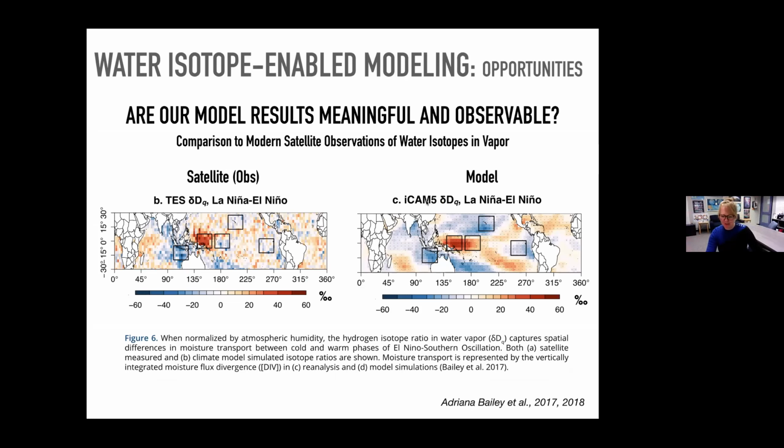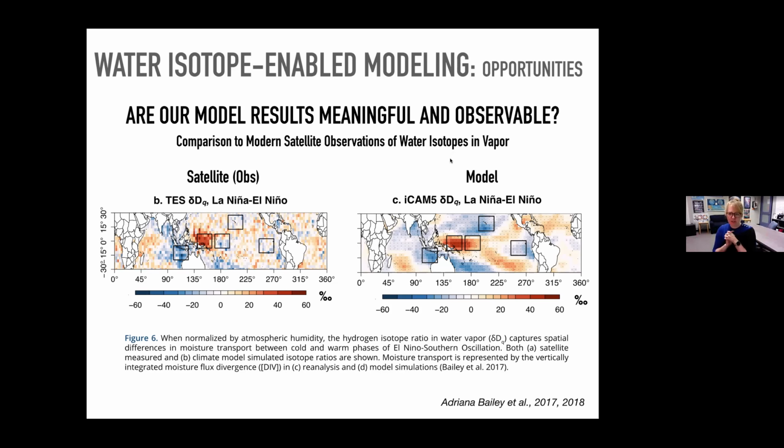So this is a figure from Adriana Bailey's recent papers showing the composite La Nina minus El Nino delta D at a fixed humidity. So it's normalized by atmospheric humidity on the left. And then on the right, this is iCAM5, same field, La Nina minus El Nino, over the period of time that TES spans.